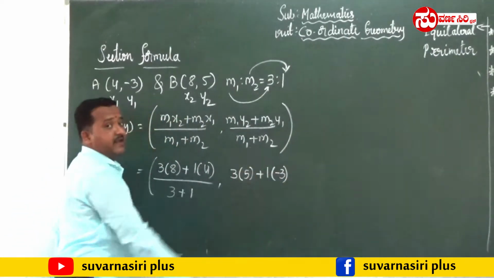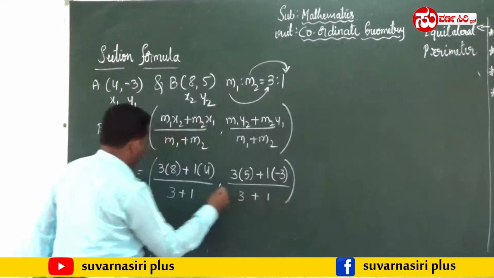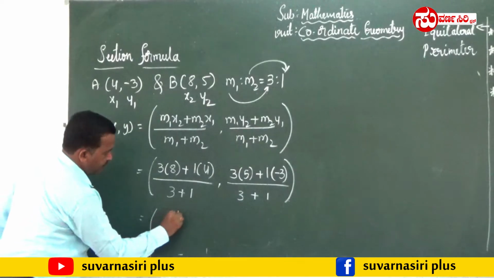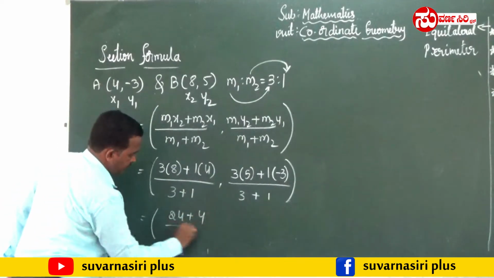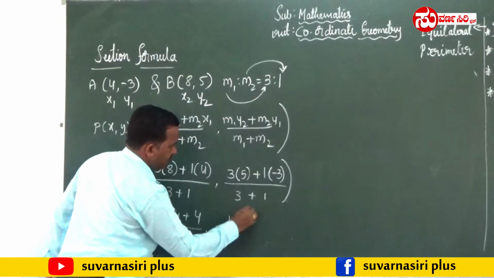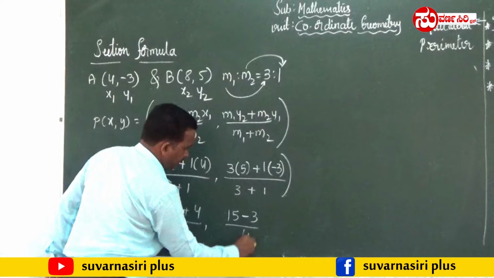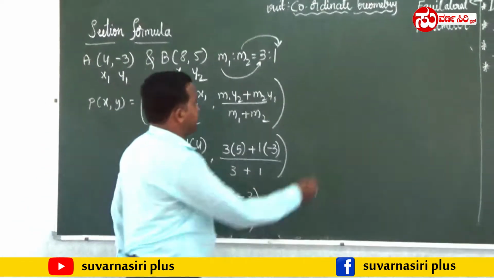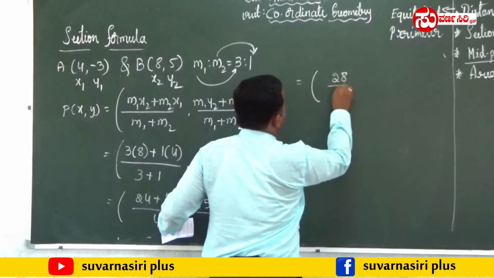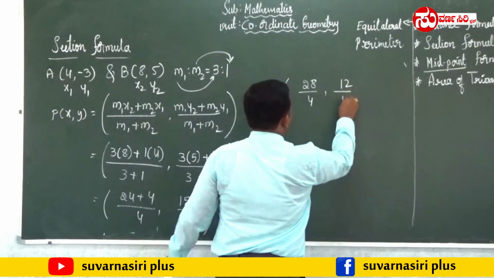Be careful when we have the minus signs. Divided by 3 plus 1. Simplify: 3 eights are 24, 1 four is 4, 3 plus 1 is 4. Then 3 fives are 15, plus into minus is minus, 3 ones are 3. So 3 plus 1, 4. Continuing the simplification: 24 plus 4 is 28 by 4, comma, 15 minus 3 is 12, divided by 4.